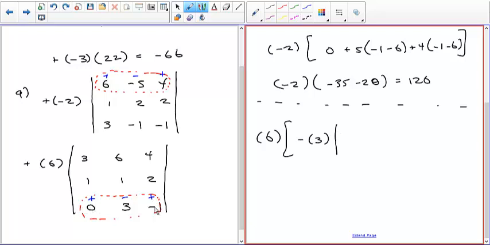If you cross out this row and this column, you're left with 3, 4, 1, 2. Then you go to here, so it's plus, times a negative 1. If you cross out this row and this column, you're left with 3, 6, 1, 1.